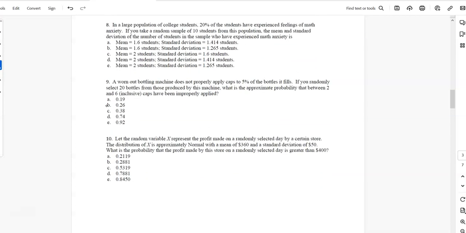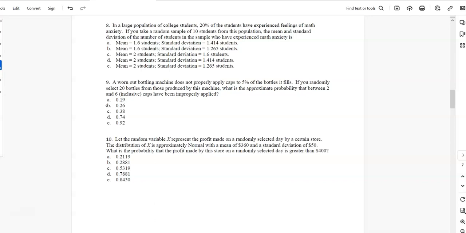Feel free to type that in your calculator. You get 1.666 repeating. In a large population of college students, 20% have experienced feelings of math anxiety. If you have a random sample of 10 students from this population, the mean and standard deviation of the students in the sample that have experienced math anxiety is what? Okay, so does this seem binomial to you? 20% of students, a fixed rate, exactly 10 students, so that's fixed.